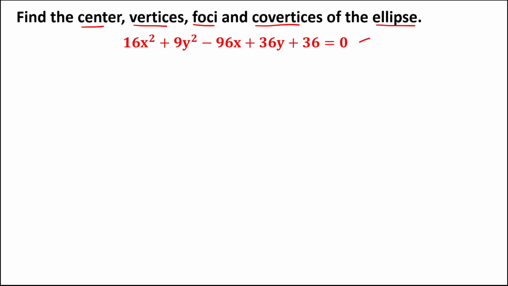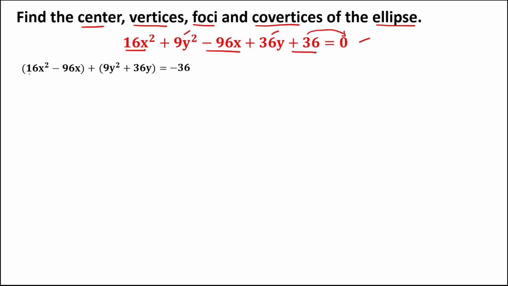First group all x: 16x squared minus 96x, then plus all y: 9y squared plus 36y. Then the constant is transposed to the other side, so it becomes negative 36.